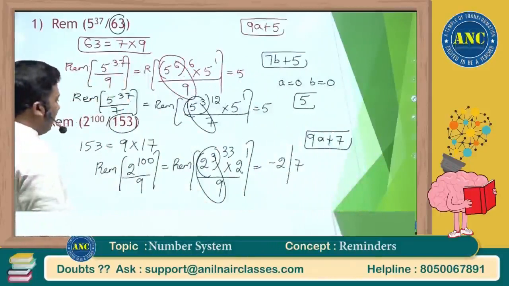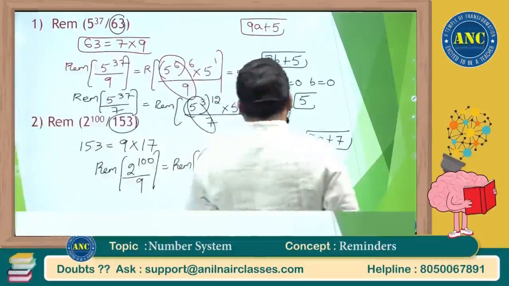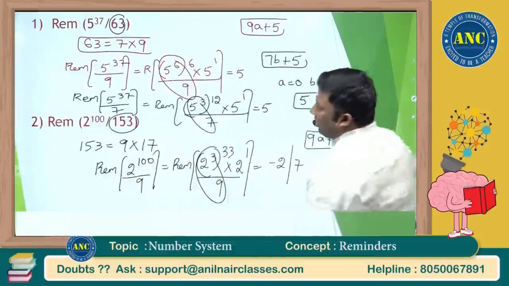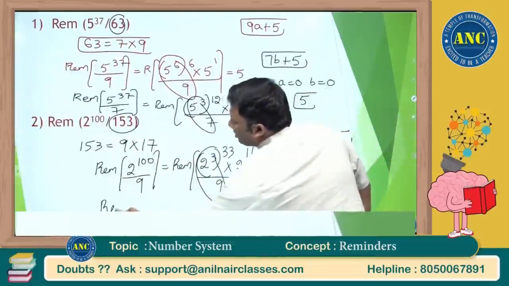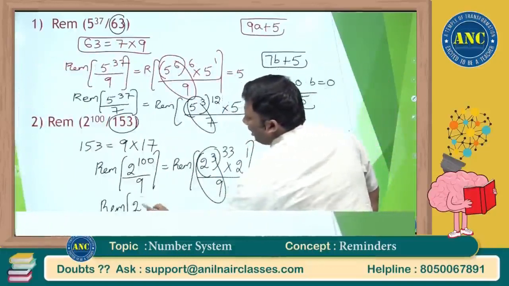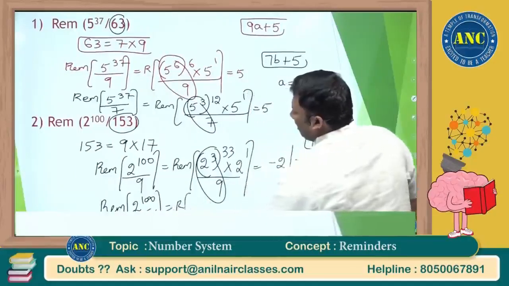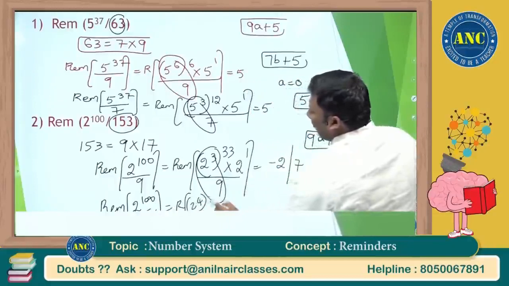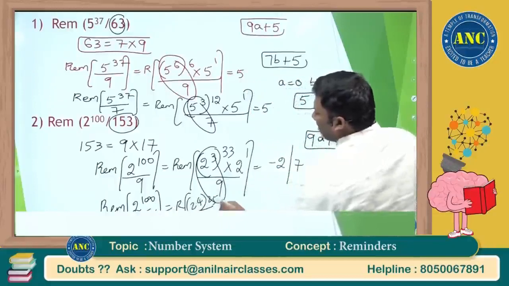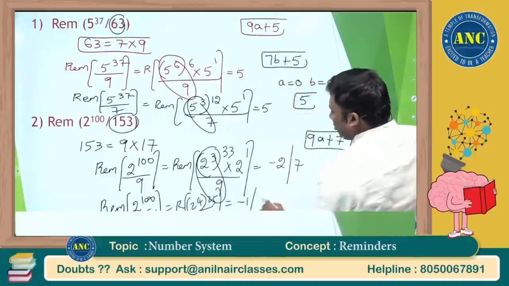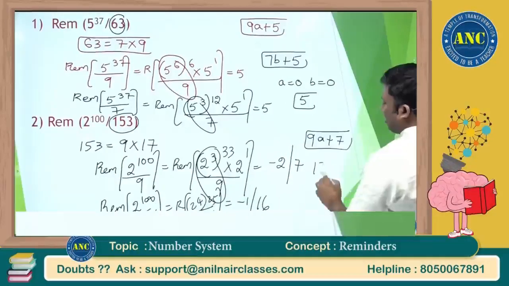153 is 17 into 9. 2 power 100 is minus 2 mod 9, so it is plus 7. If there are more than one answer options, 2 power 100 divided by 17 is 2 power 4 power 25 by 17, which is minus 1, so it is 16.